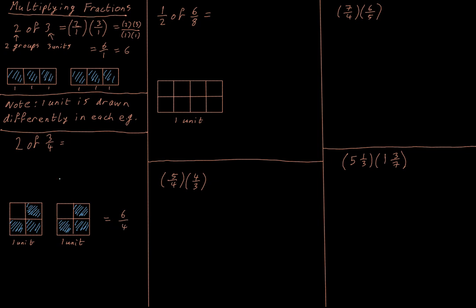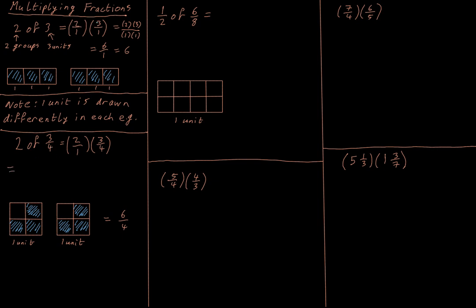I'm expecting it to be that, and let's see if that's what we get. So we know that 2 is really 2 over 1, because it's a whole number. And of, we mean we have 2 of these things, so we're going to have twice as many. We're multiplying. We've looked at our rule now, so let's do this out by rule.